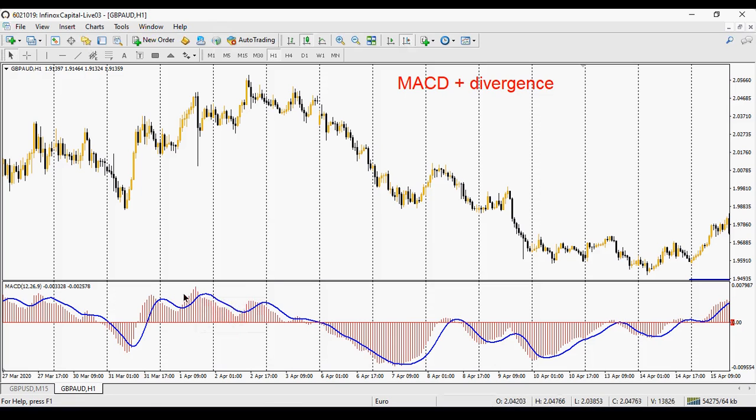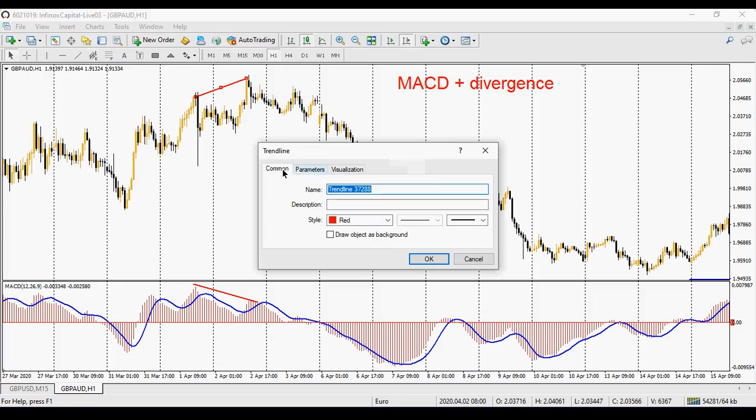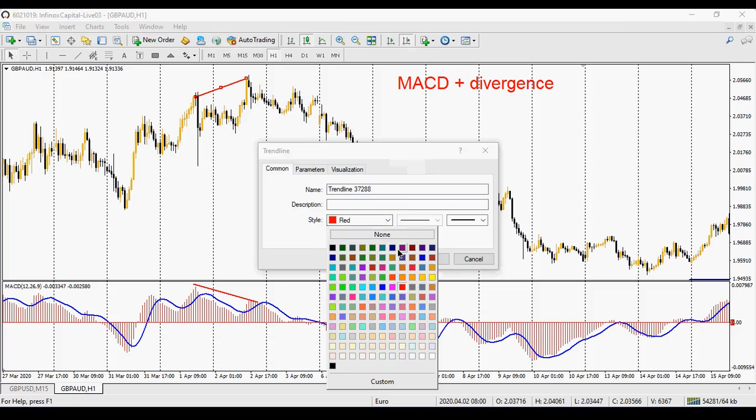You can draw a line along the peaks of the mountains moving down, and the peak of price in the opposite direction is moving up. This is a sign of divergence.